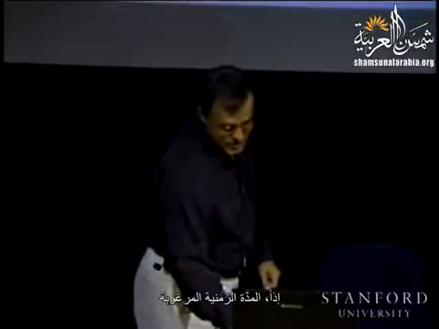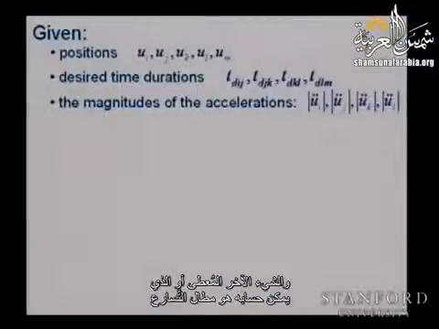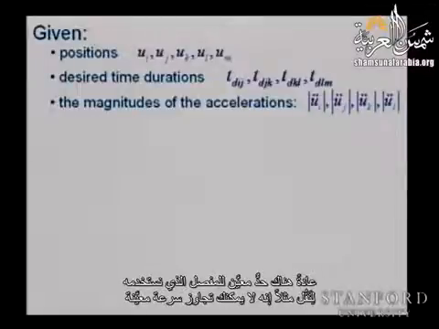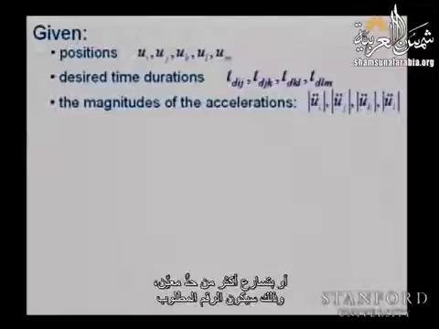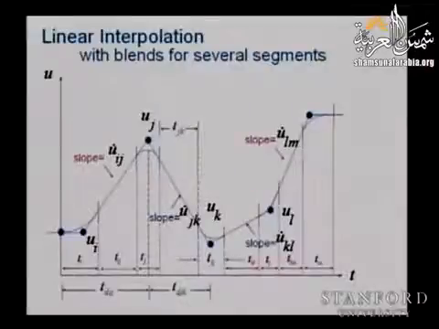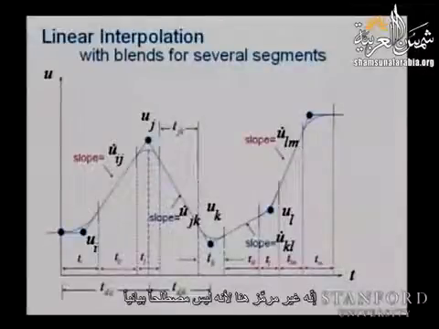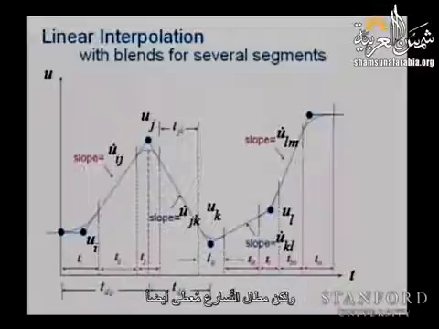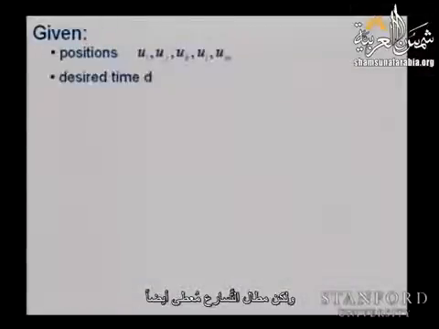So desired time duration. And then the other thing that is given or can be computed is the magnitude of the acceleration. So usually this is a certain limit for the particular joint that we are using. Say, you know, it can't go faster than that, or with faster acceleration than that, and that would be your number. This is not denoted here obviously because it's not a graphic term, but the magnitude of acceleration is given as well.